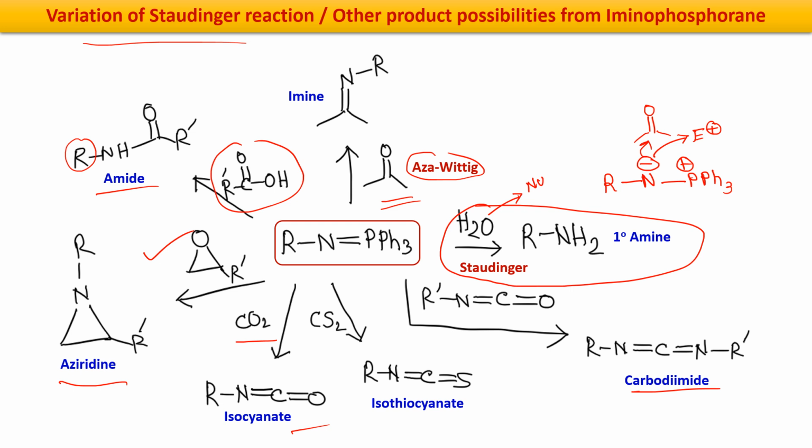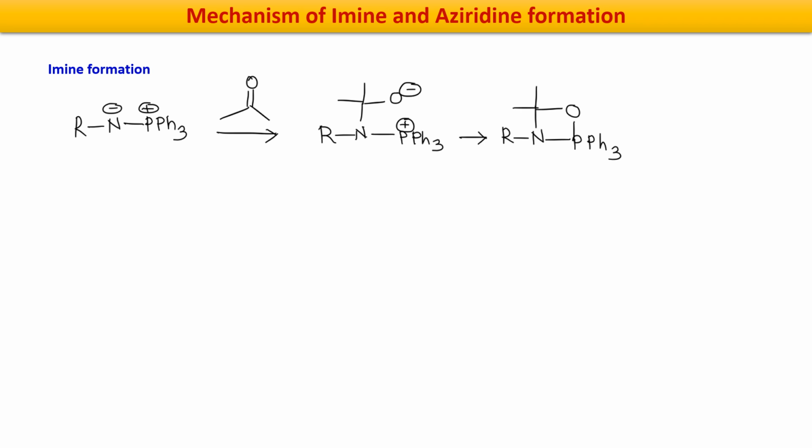Okay. Next we will see mechanism for imine and aziridine formation. So in the previous slide, out of the different reactions that you have seen, I have chosen two so that you can understand the mechanism, what is actually going on. So here I have taken this acetone, which is a ketone, and I have drawn this iminophosphorane with negative charge over nitrogen, positive charge over PPh3.